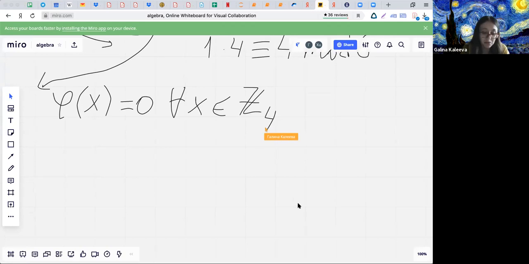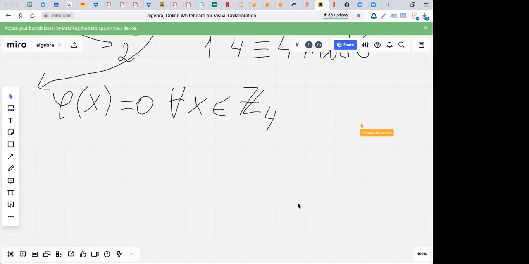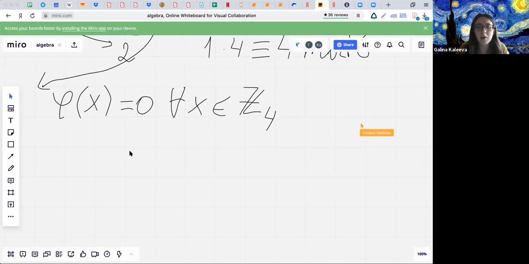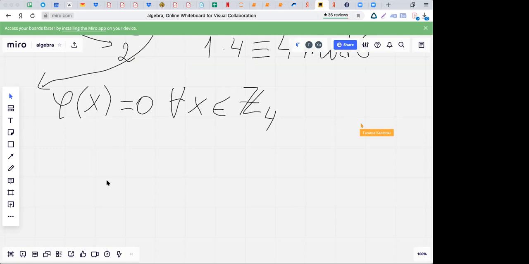So can we map 1 to 2 and get a homomorphism? How do you think? I think it's not surjective, right? Is this a homomorphism?